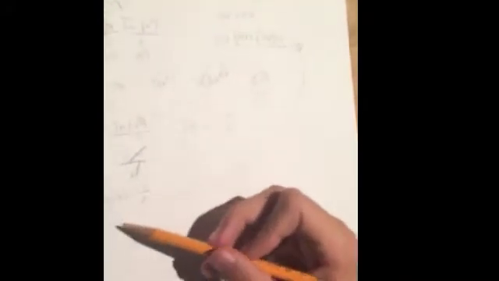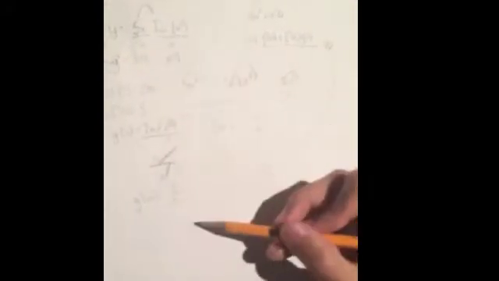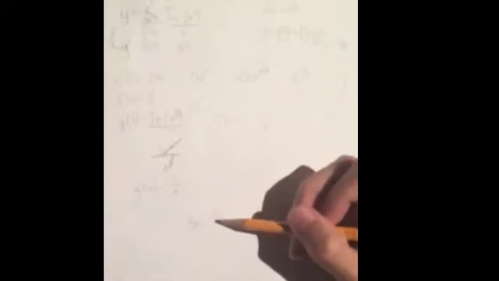Now we're just going to copy paste it in our first formula. So it's going to be f of x times g prime of x plus f prime of x times g of x. It's going to be very simple. F of x times 3 over x could be simplified.